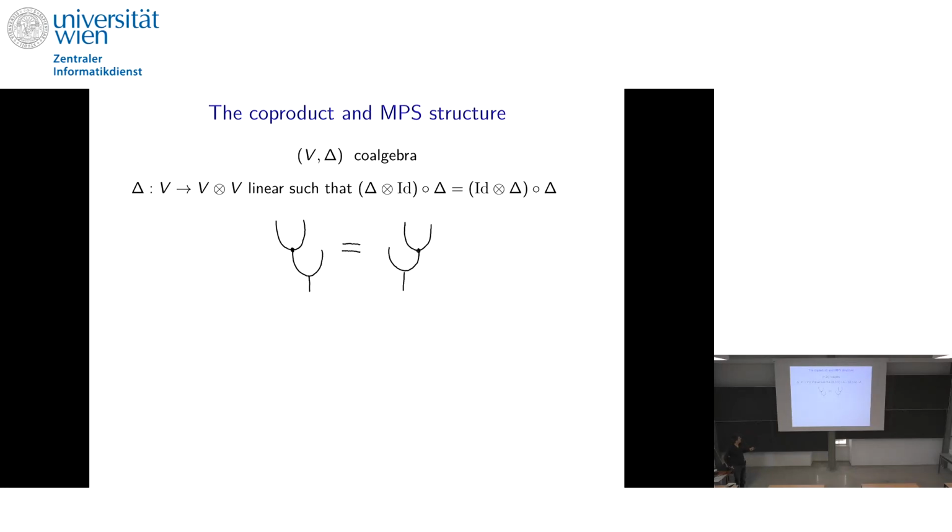Take any element from your coalgebra, you split it into two with the help of this coproduct, and then you split the first half into two. It should be the same as splitting the element into two and then splitting the second half into two. This is actually what will guarantee associativity of the tensor product.